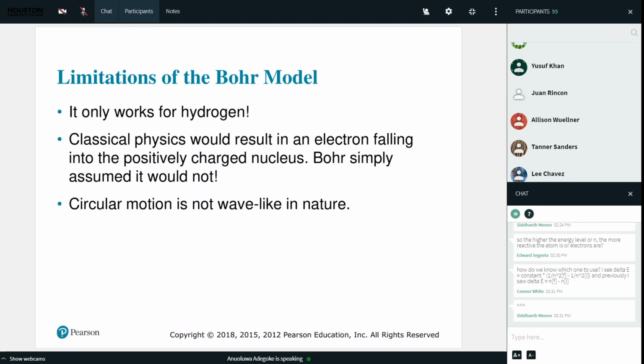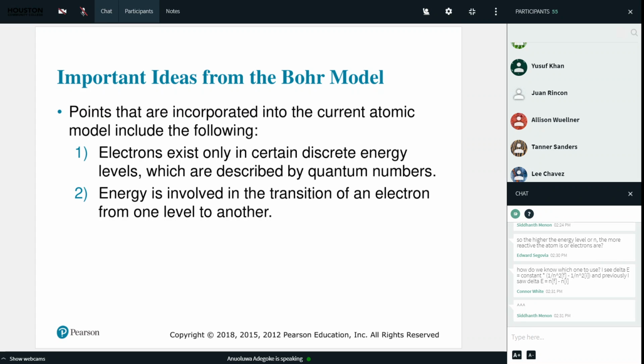All right, so quickly, the limitation of the Bohr model is that it only works for hydrogen. It doesn't work for helium and up, so it's pretty much not very useful. So let's just get to it.